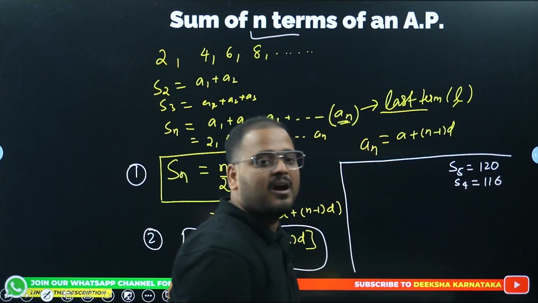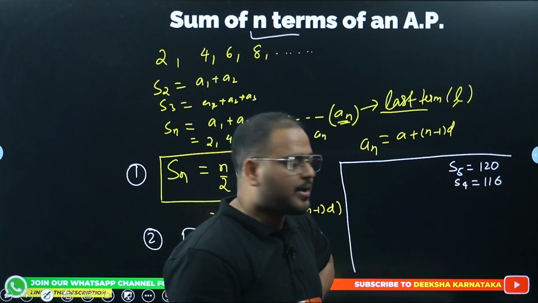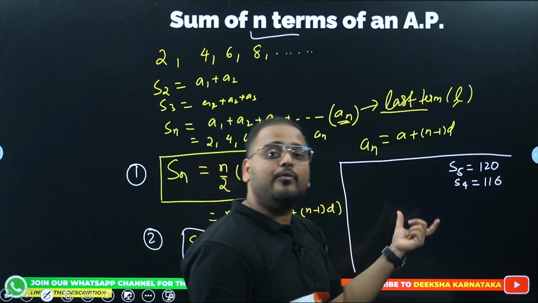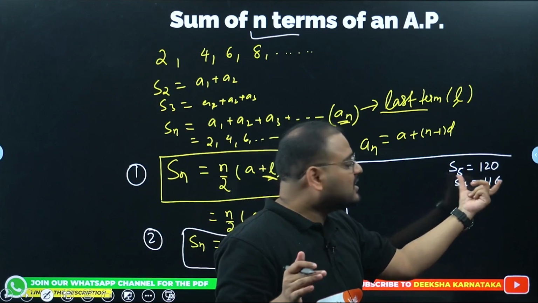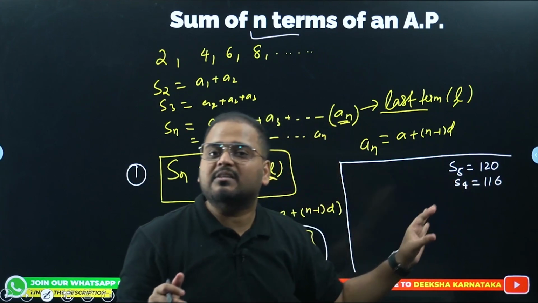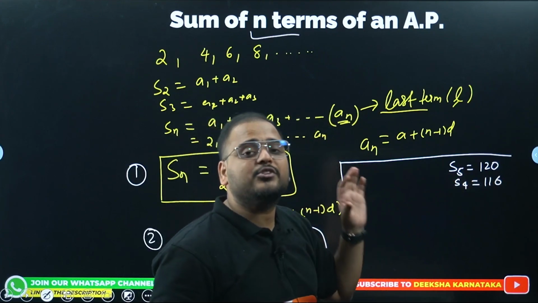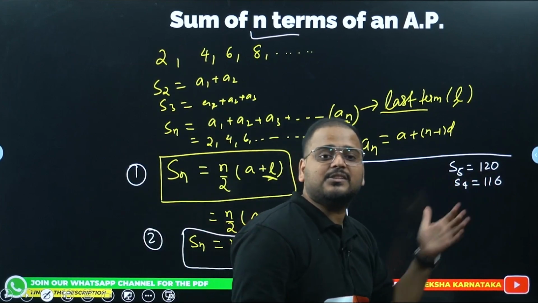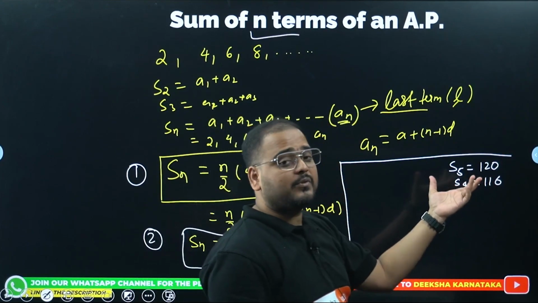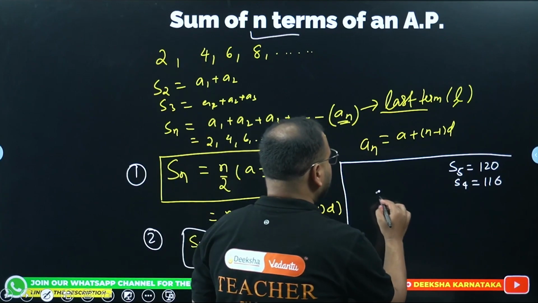Don't get into what the AP is, it is not the point. I've taken the values just so you can relate with the question. So if sum of 5 terms is given as 120 and sum of 4 terms is given as 116, then what will this value be?